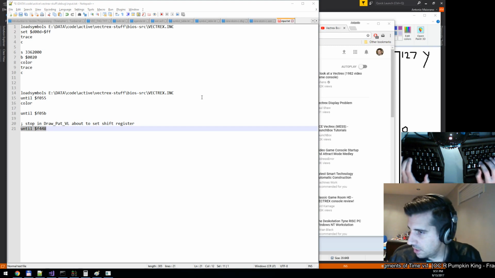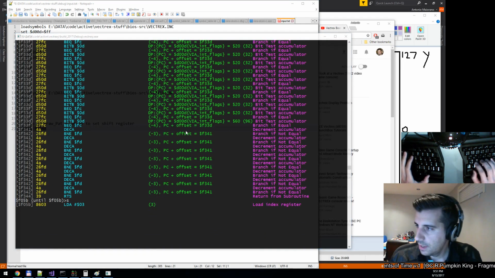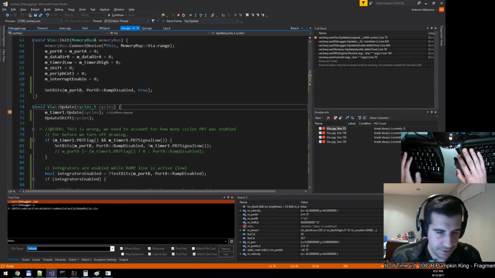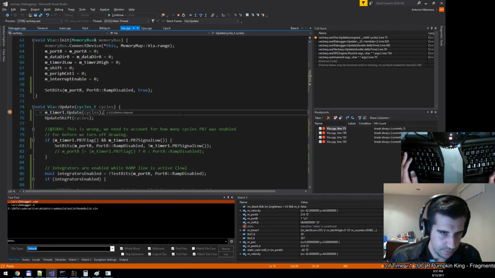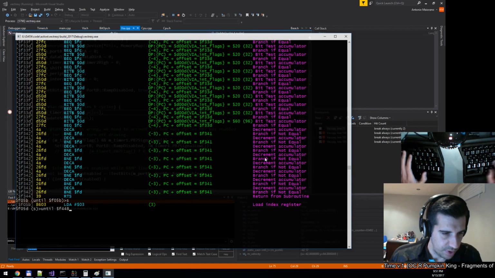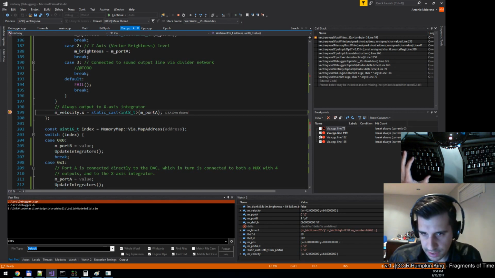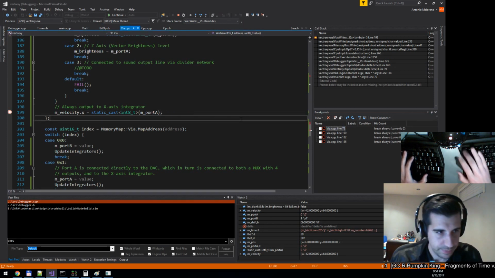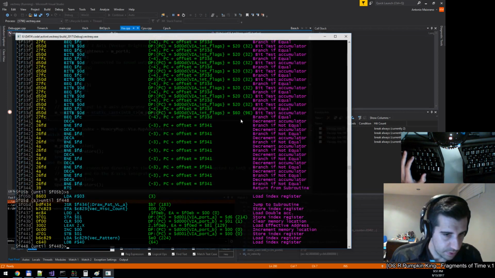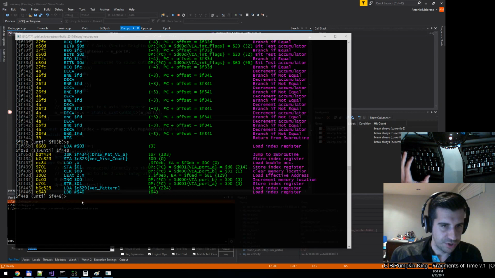So we go back to our debugger here. Actually, I need to hit F5. Okay, run until there. To disable more breakpoints. Okay, so now we're on the instruction that's about to set the shift register, right?